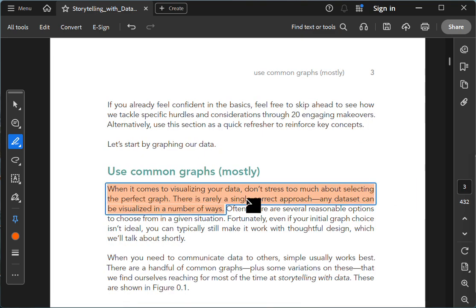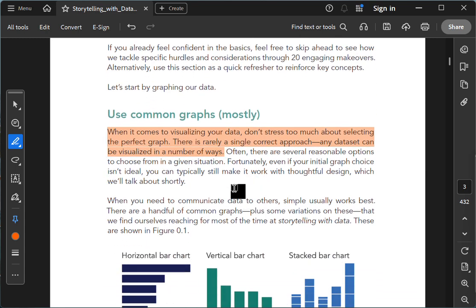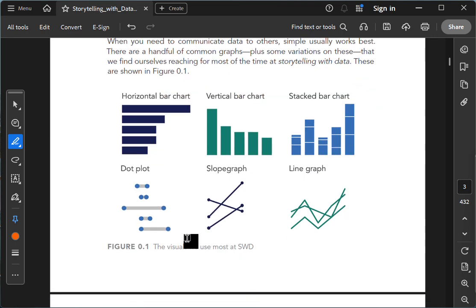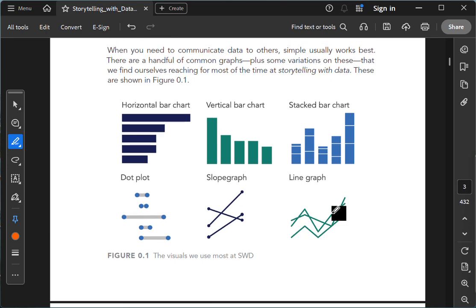The book teaches that it's very essential not to stress about selecting the perfect graph. Over here, we can see different types of graphs, and they are naturally applicable when presenting different types of data. But a common mistake junior level analysts make is fixating on what is the best graph to use per time.